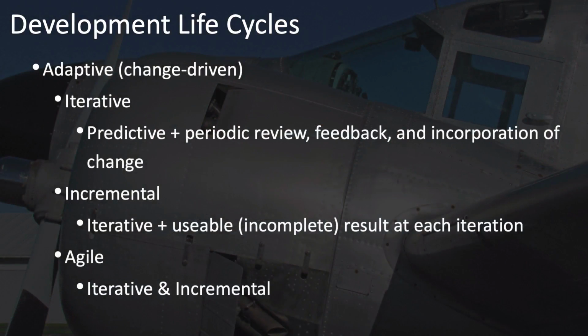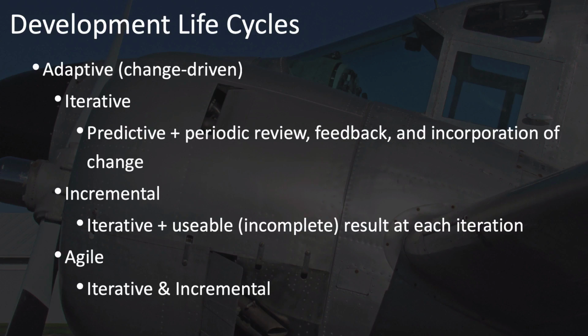These are often built using a predictive approach. Next, you have the adaptive or change-driven life cycles, iterative, incremental, and agile. Iterative is when you have fixed your scope, but then your time and cost adjustments are routinely modified as you go through different iterations or phases of your project.